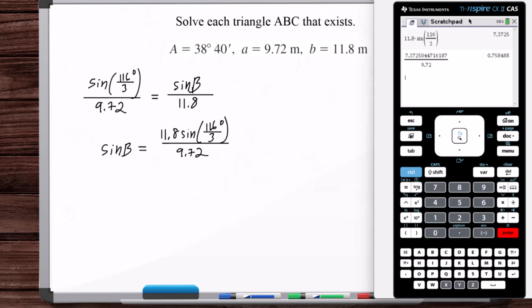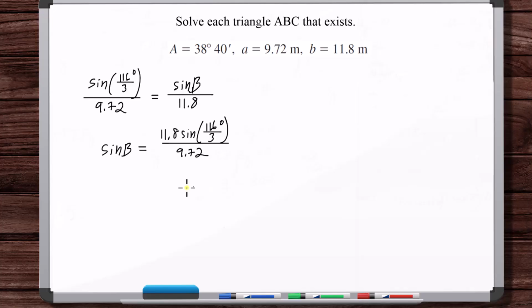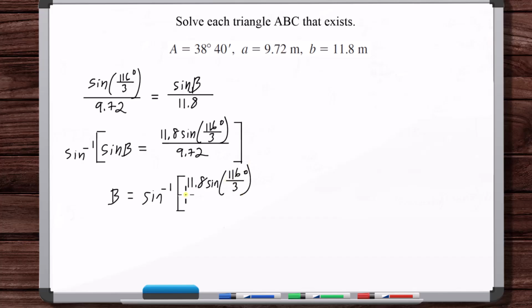Okay, so we've got 0.758. So, okay, so we've got the case that we had in the opening problem.